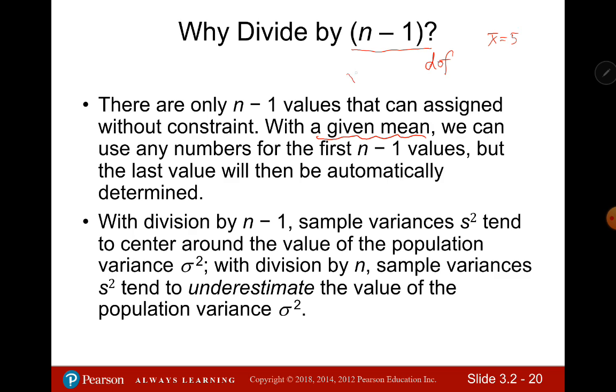For the first value, we are free to pick any number we want, right? For example, you can use 6. For the second value, we still can pick any number. I can pick 2.